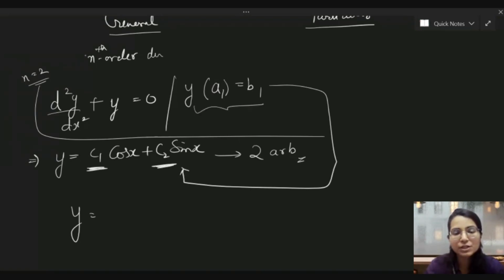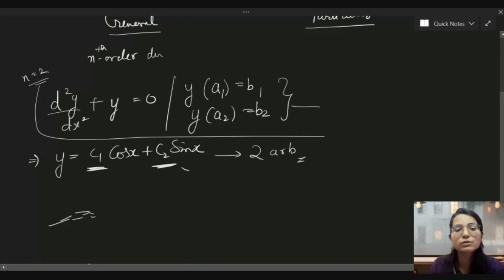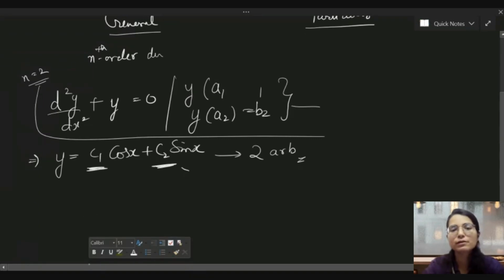If you apply one condition on your solution, one arbitrary constant will be removed. And let's say these 2 conditions were given. If you apply 2 conditions on a 2nd order differential equation, then what will happen? All the arbitrary constants will be gone. Let me give you an example.